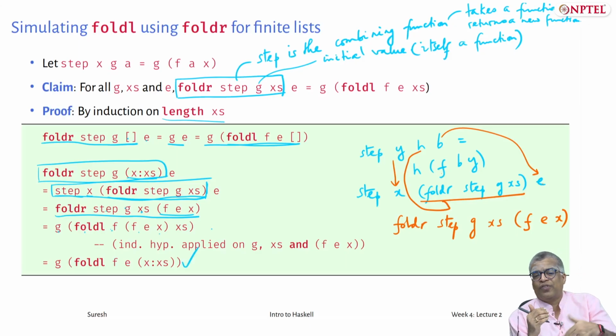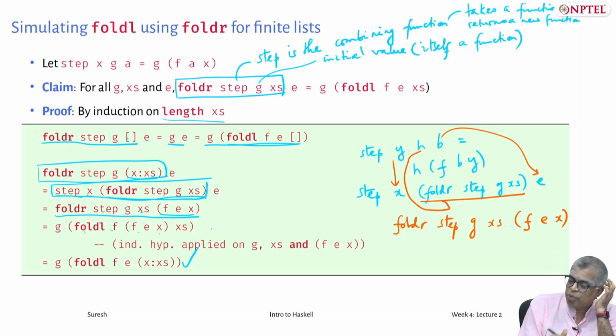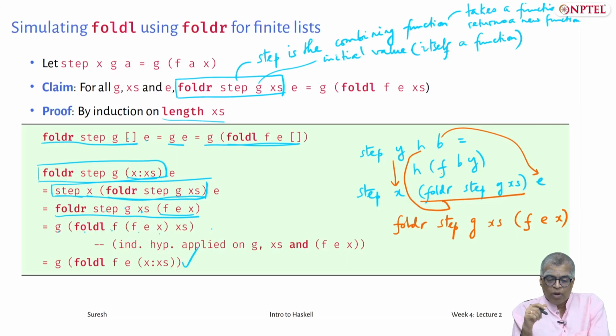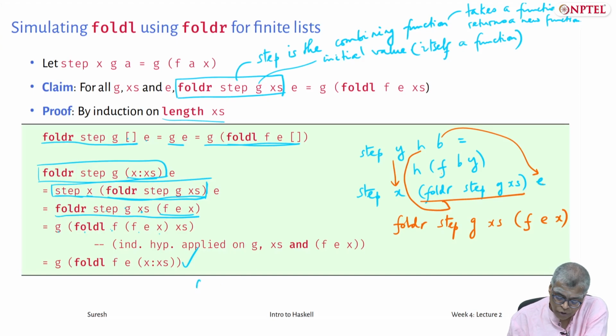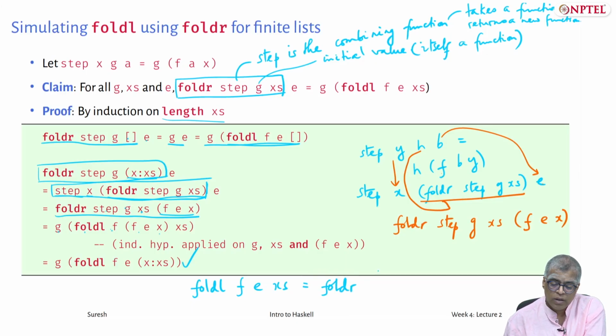So, you just followed the definitions and argued just like you would argue about some trigonometric identities or whatever, and you are able to actually prove this thing by induction, that foldl therefore can be expressed using foldr. Finally, foldl f e xs is nothing but foldr of the step function applied on the identity function xs e.